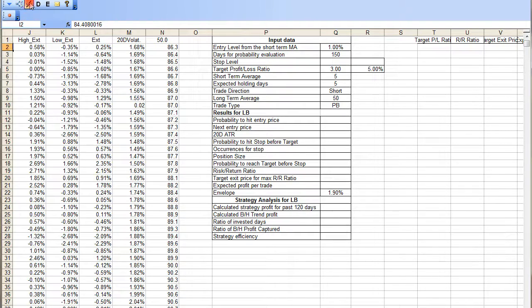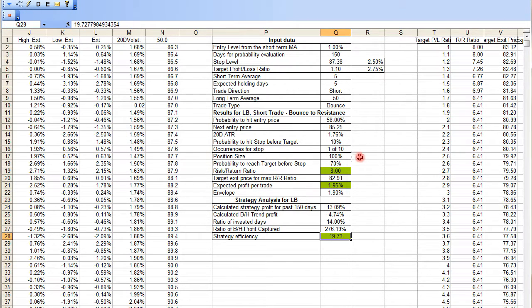Okay, let's calculate. Okay, we have a rather good risk return ratio here, and the price of 85.25. So it's a good stock to short at this price tomorrow.